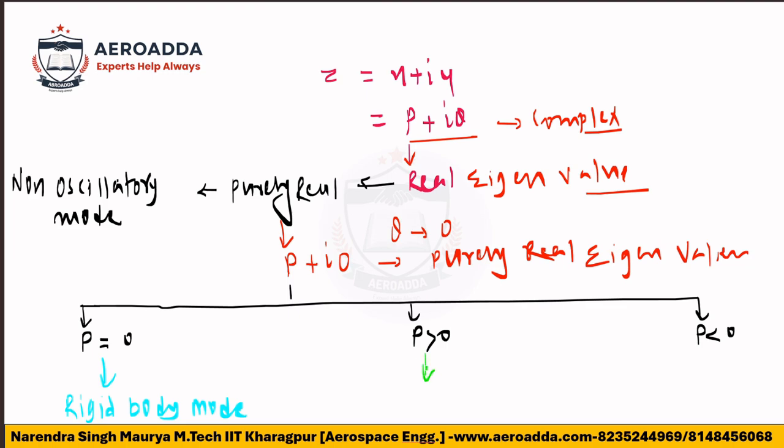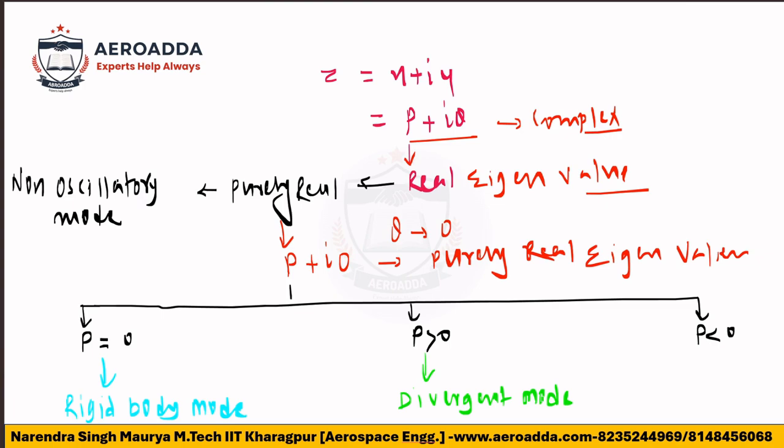That means if a real eigenvalue is positive, then what will happen? Then it will be a divergent mode. Still it is non-oscillatory, because we are talking about a pure real.